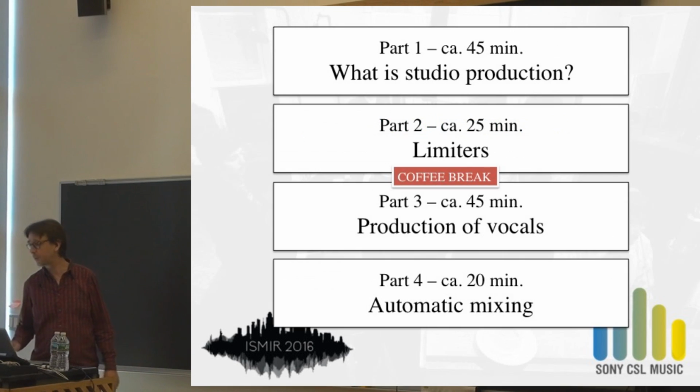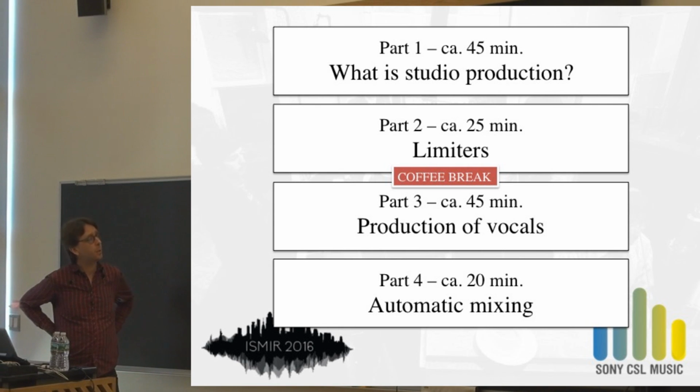This is the plan for the tutorial. It's divided into 4 parts. Since we started 15 minutes late, I'm trying to be a bit faster, but I might finish at 1:15, we'll see. There are 4 parts, and we're going to have a break in the middle.